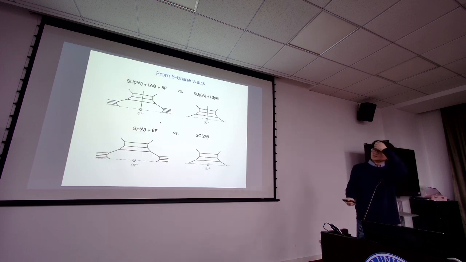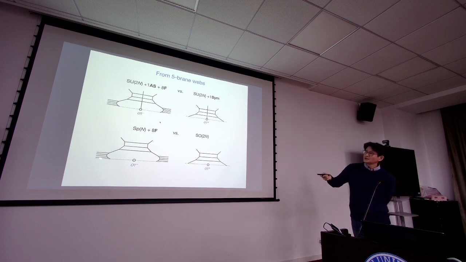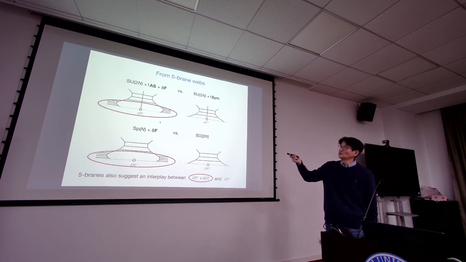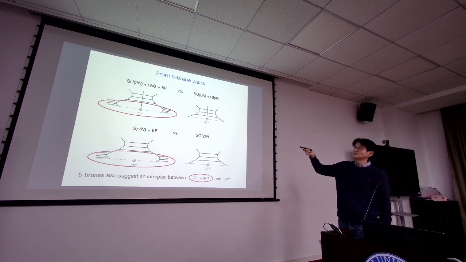From the brane picture also, if you draw them with the explicit form of the A flavors, here the A flavor is given like this, and the A flavor of Sp(N) is given like this. First, notice that the asymptotic brane configurations look the same. Other than near the O7-, everything looks the same.